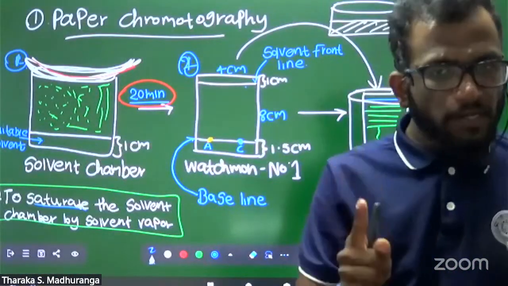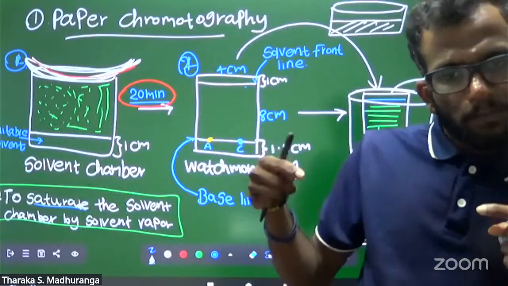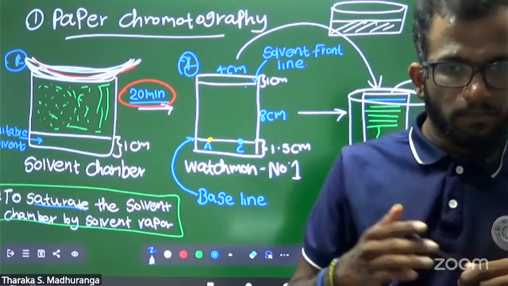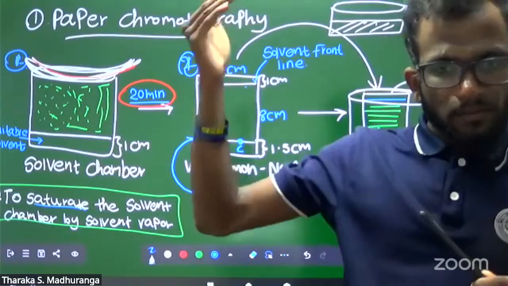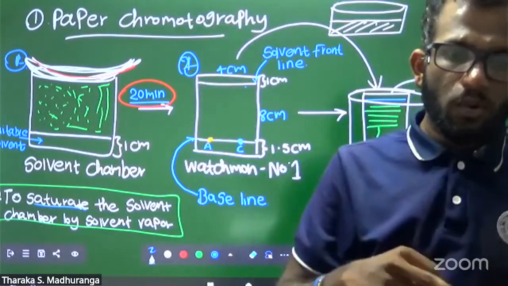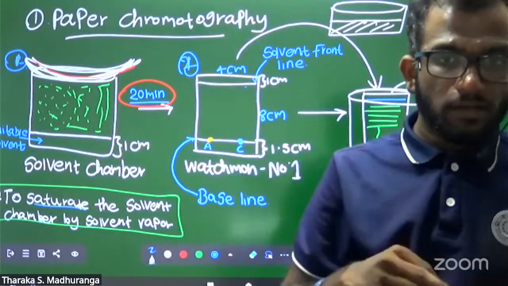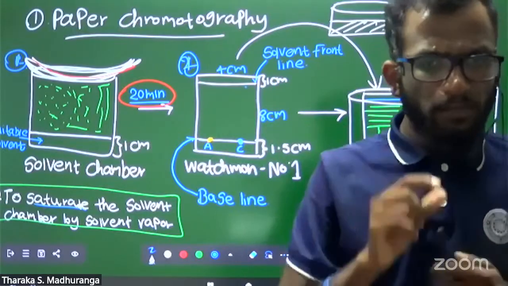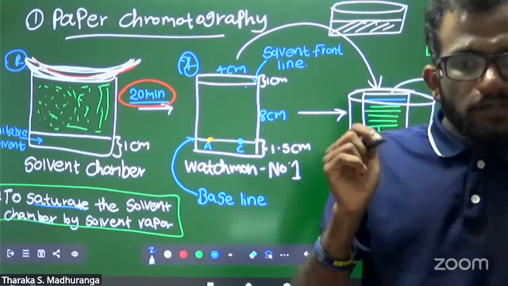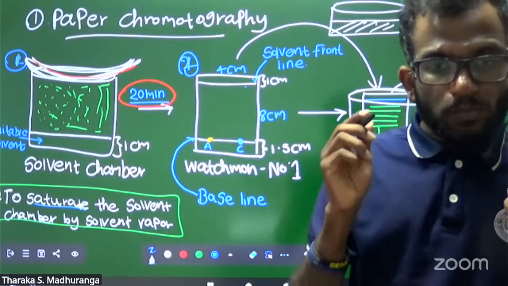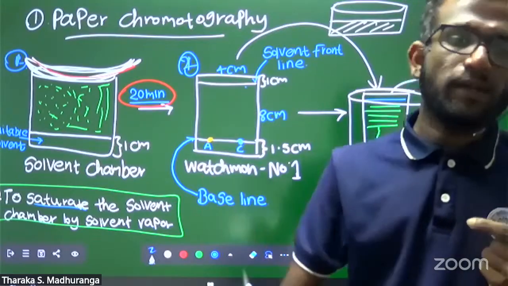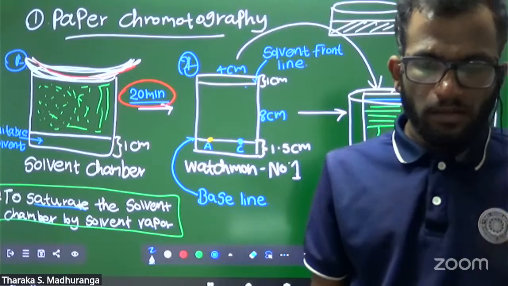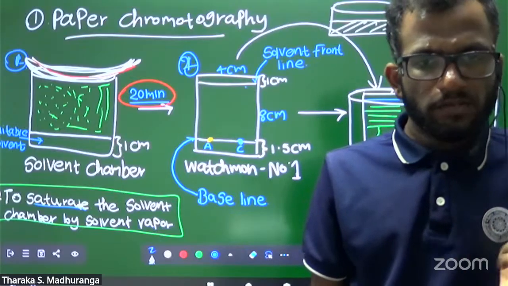The first factor is that the baseline is 1.5 centimeters above the lower end, and the solvent front line is 1 centimeter below the upper end. Those are the measurements you can mention. The other thing is you need to use a very thin pencil. Note down these important points.